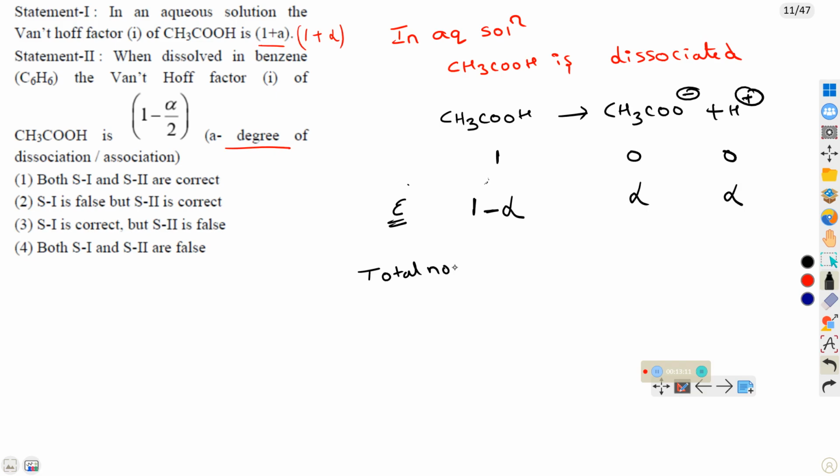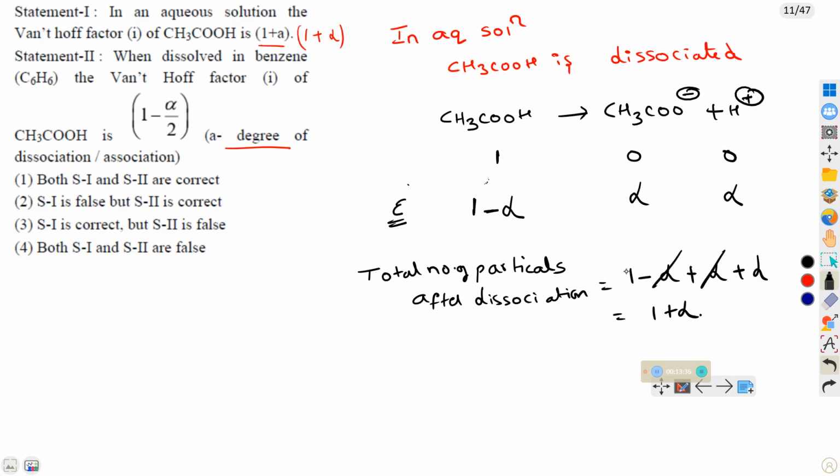Total number of particles after dissociation is 1 minus alpha plus alpha plus alpha. Minus alpha plus alpha cancel, giving 1 plus alpha. Statement 1 correct.